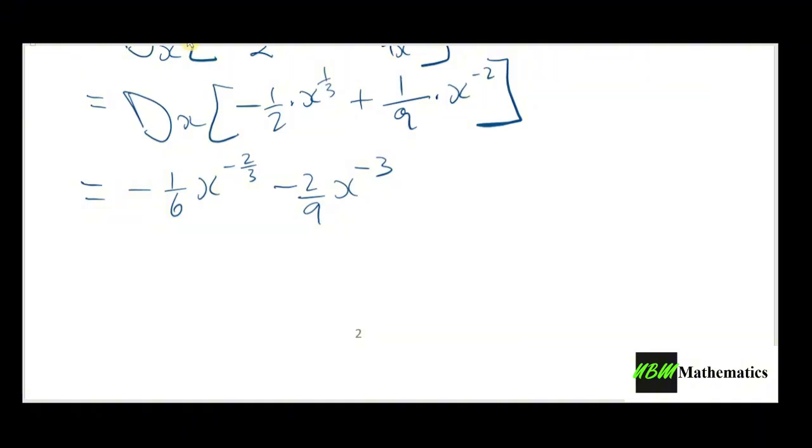And then you can leave your answer with those negative exponents, unless the question says leave your answer with positive exponents. But otherwise, you can just leave it here. If maybe for argument's sake the question said leave your answer with positive exponents, then you will further say this will be negative 1 over 6x to power 2 over 3 minus 2 over 9x to power positive 3.